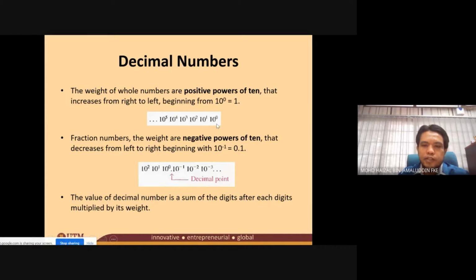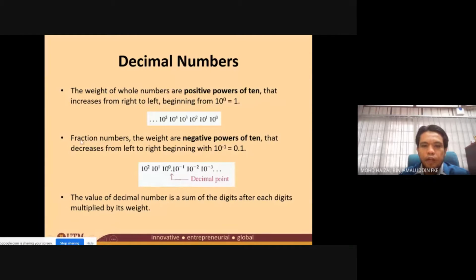So we have the weight of 1, weight of 10, weight of 100. These represent 10 to the power of 0, 10 to the power of 1, 2, 3, 4, 5, from right to left.